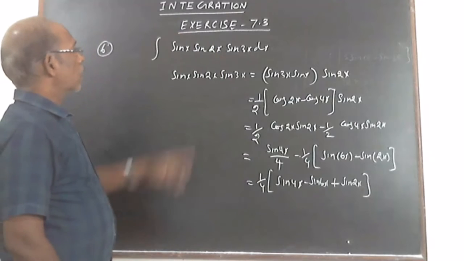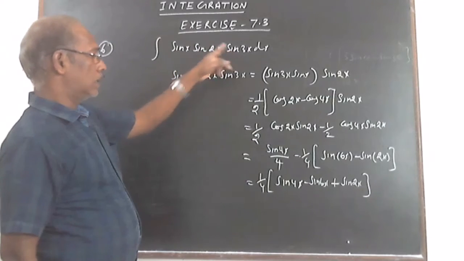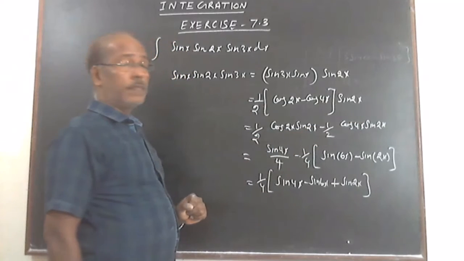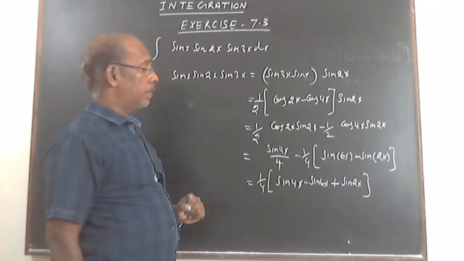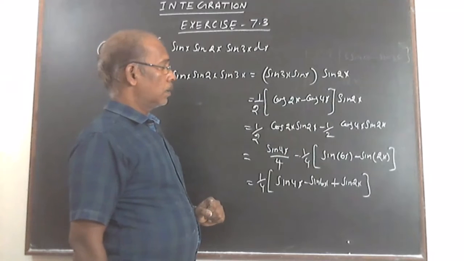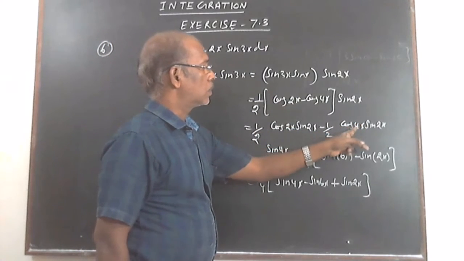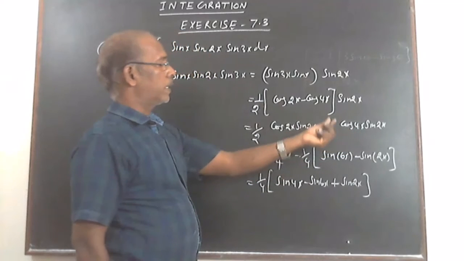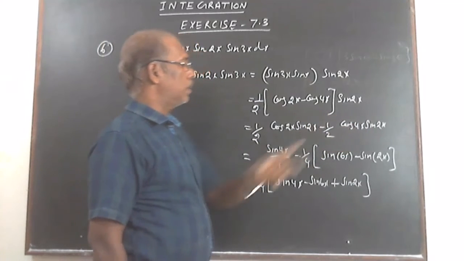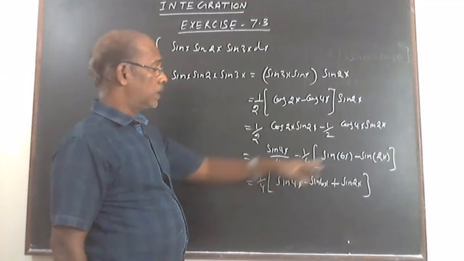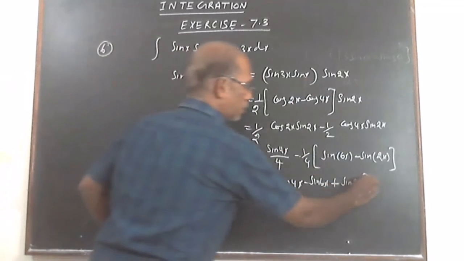So this is sin x, sin 2x, sin 3x. For 2 cos A sin B, it means sin of A plus B minus sin of A minus B. Okay, this is correct.